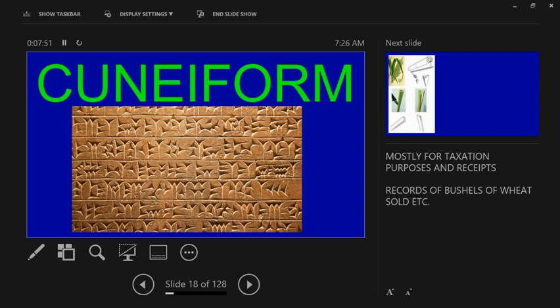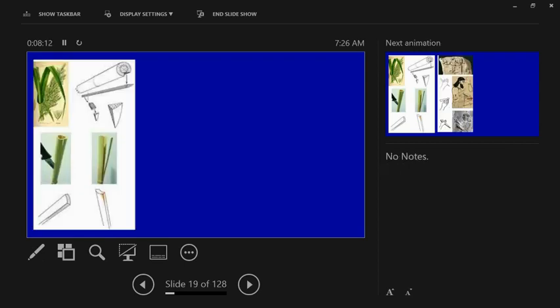The boring thing is that they use this writing to keep receipts. So these are records of how many bushels of wheat were sold, who bought it, when, and stuff like that. So as people learn how to read cuneiform, that's the stuff they're reading. They're reading logbooks.